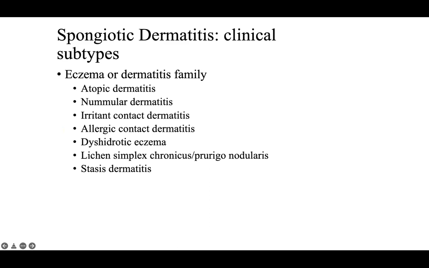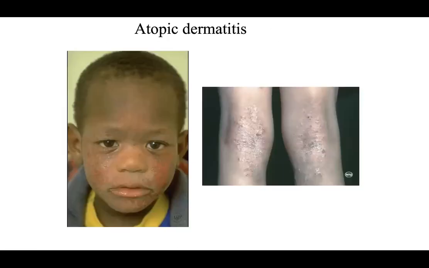This is an eczematous process. This is what we refer to as a group of diseases like atopic dermatitis, nummular dermatitis, irritant or allergic contact dermatitis, dyshidrotic eczema, lichen simplex chronicus, or prurigo nodularis, even stasis dermatitis. So these are entities we will just briefly discuss here.